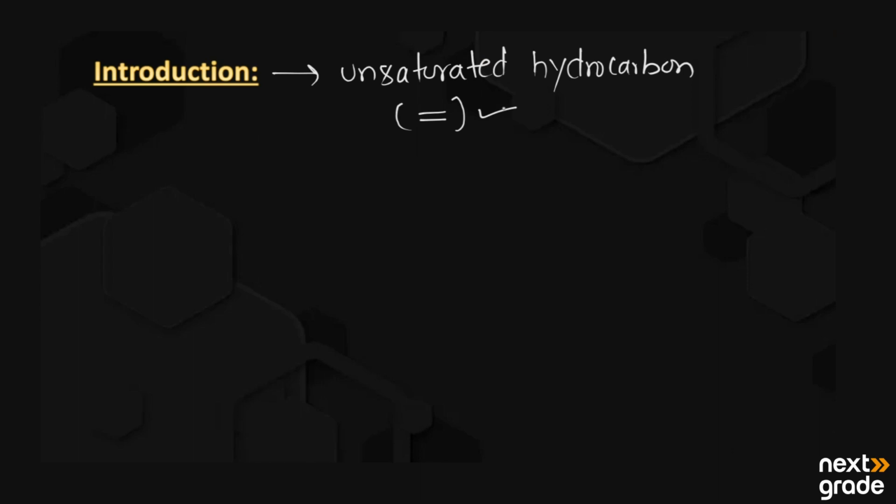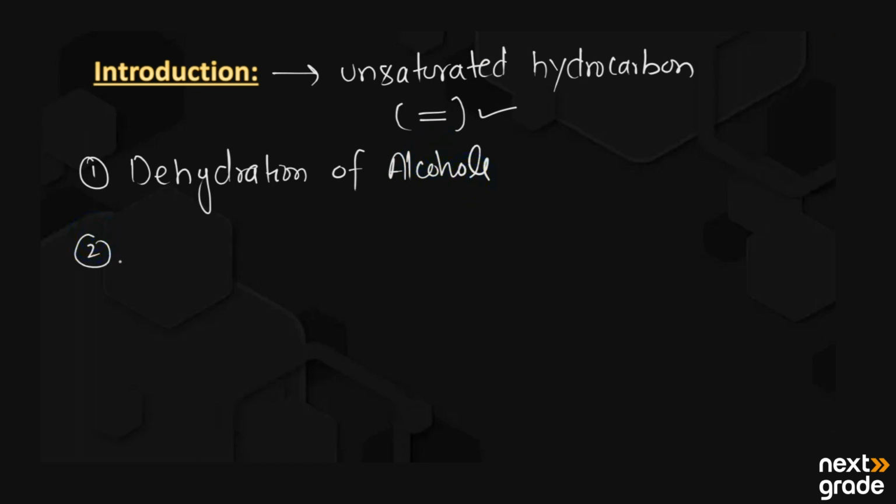And we can prepare the alkenes by basically two methods. The first method is dehydration of alcohols, and the second method for the preparation of the alkenes is dehydrohalogenation of alkyl halides.